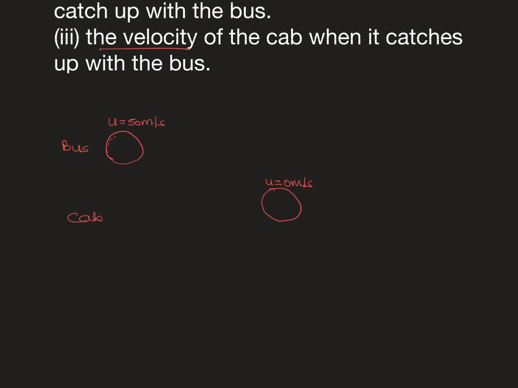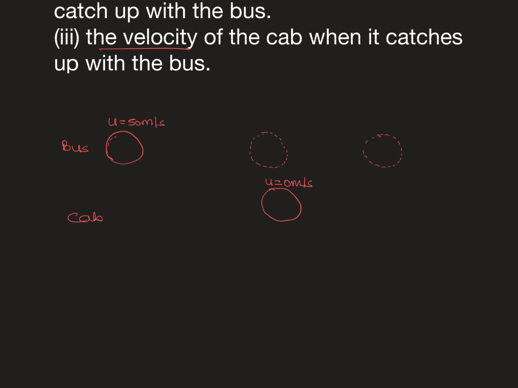Then afterwards, as the bus is moving, the bus comes to be in line with the taxi cab. Then it passes it. Still, the taxi cab is at rest.